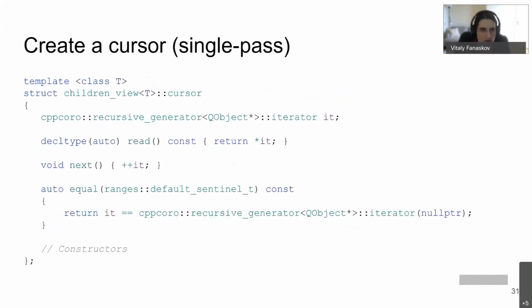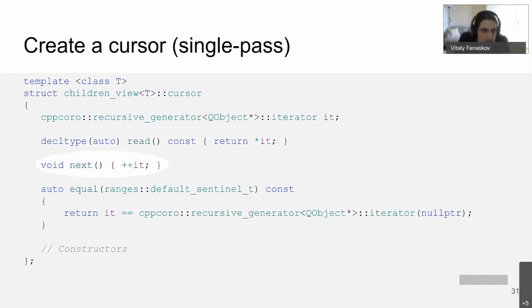So now the cursor functions. First of all, our cursor will be absolutely the same as an iterator. Here is an iterator of the recursive generator from cppcoro. And very few functions: read, which just dereferences the iterator.